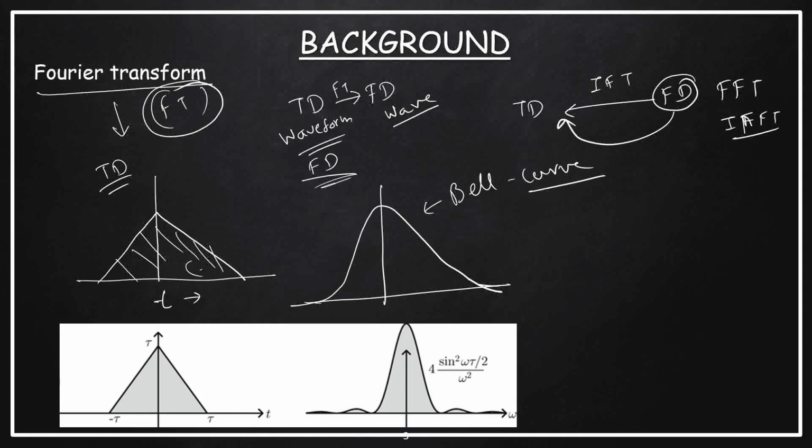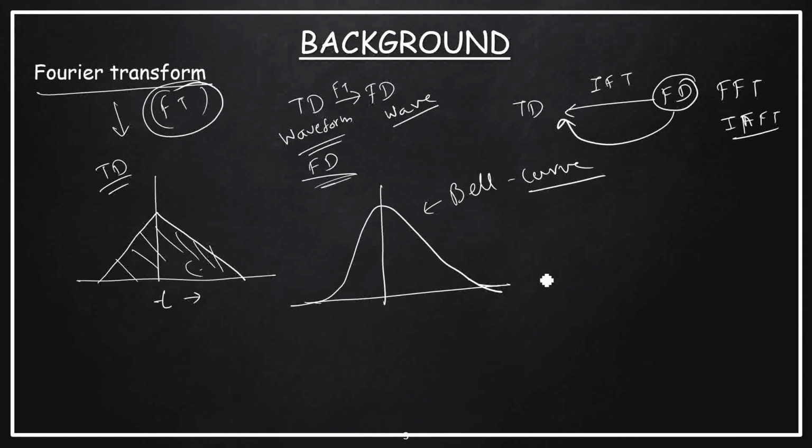Now, what will happen if you have a square wave? Let me draw a square wave, and it will give you a square wave of amplitude A. So this is in time domain t, let's say minus tau by 2 to plus tau by 2. That's the extension.